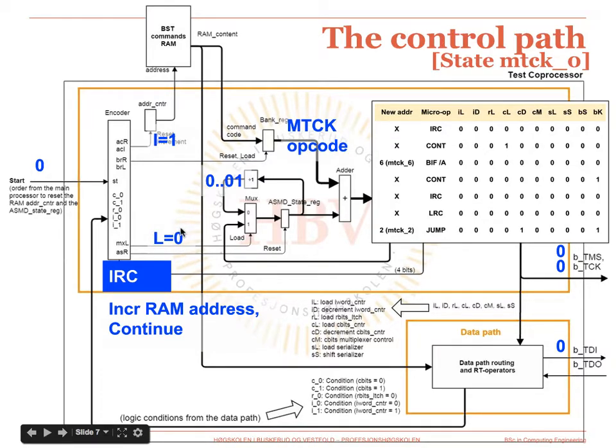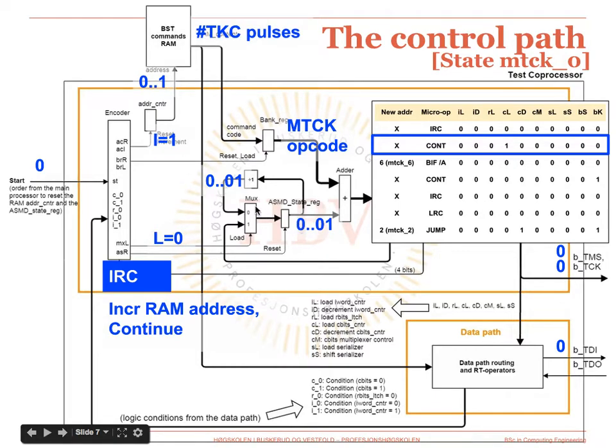Because we will continue to the next microprogram memory position, the MUX multiplexer load input is set to 0, and therefore the ASMD state register will go from 0 to 1 in the next clock cycle. And likewise, the increment RAM address is active, so the RAM content bus will now show the required number of TCK pulses.